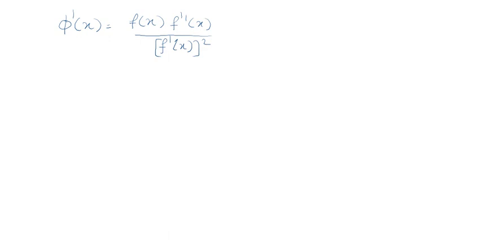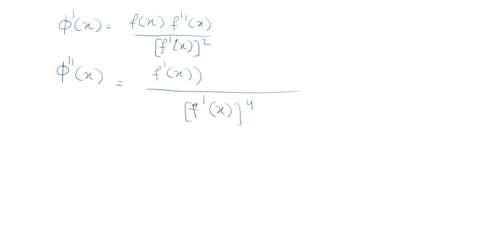Now you take again the second derivative of this, that is, over f dash of x to the power 4. So f dash of x whole square times the derivative of f of x into f double dash.